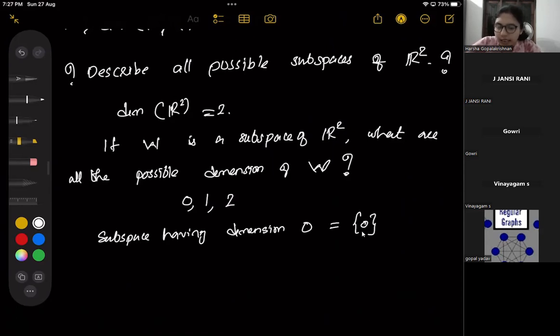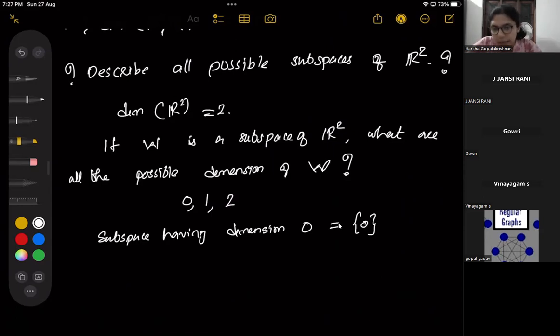You can take it as a convention. Dimension n means there are n elements in the basis. Dimension 0 means there are 0 elements in the basis. Actually, it does not have a basis.